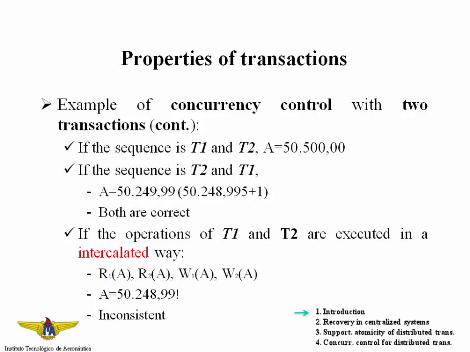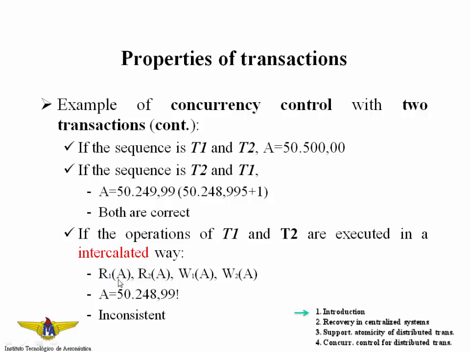Both, by definition, both schedulings or executions are correct. The problem is either you can do one transaction first or you can do the other one. But what happens if you interleave the operations? Suppose that you have this scheduling.